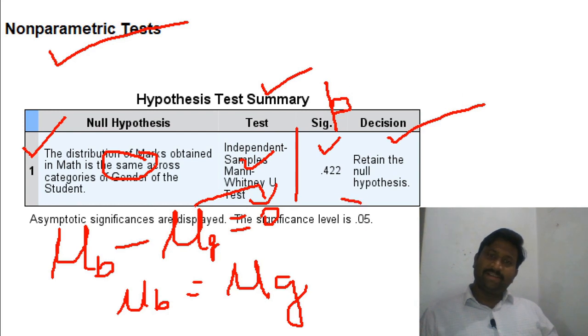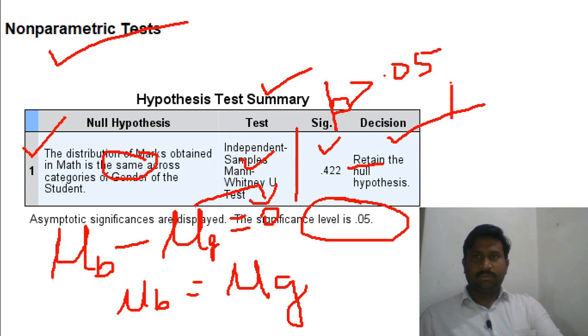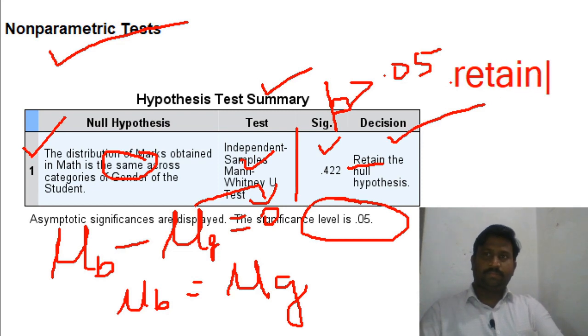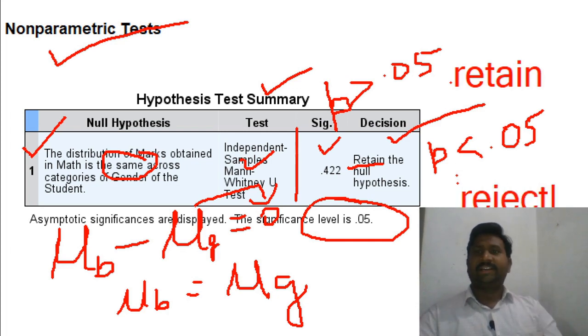Significance. So significance here is if this value is greater than 0.05, we retain the null hypothesis. If this p is less than 0.05, then we reject the null hypothesis.